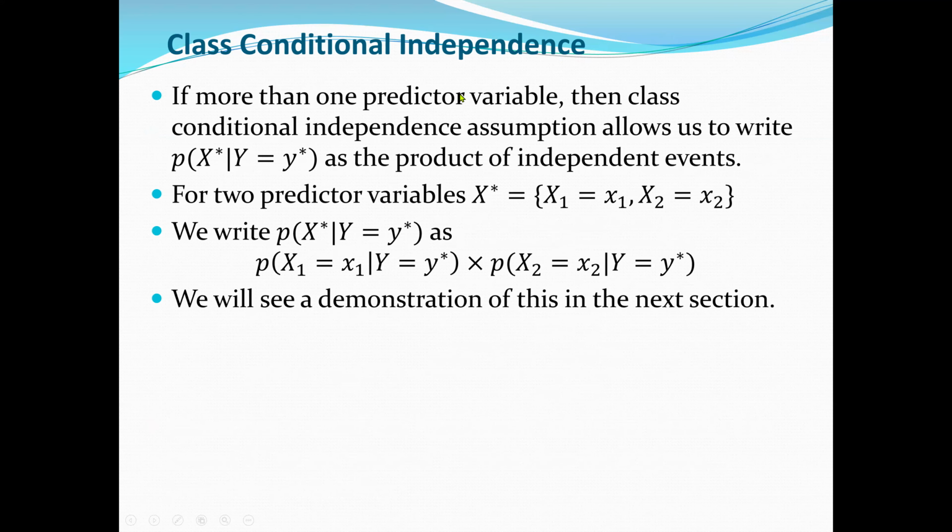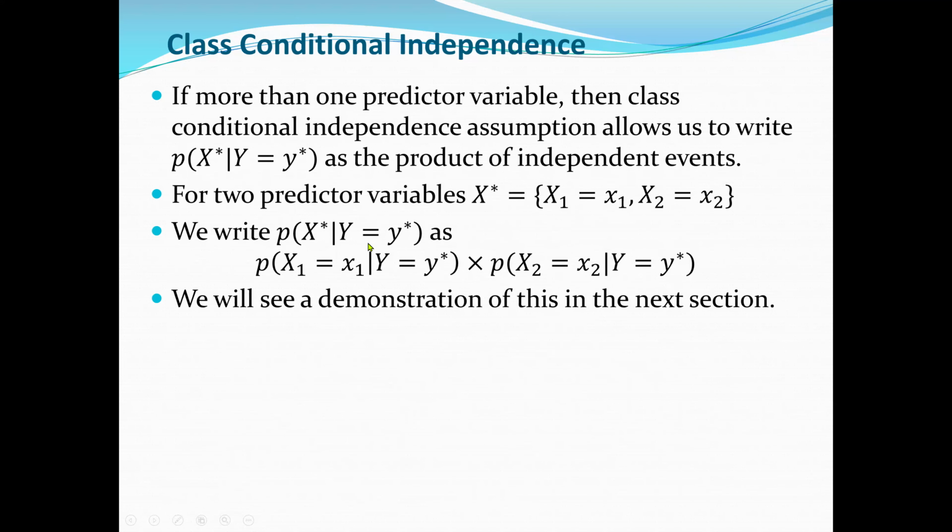For class conditional independence, if there is more than one predictor variable, the class conditional independence assumption allows us to write the probability of X star given Y equal to Y star as the product of independent events.